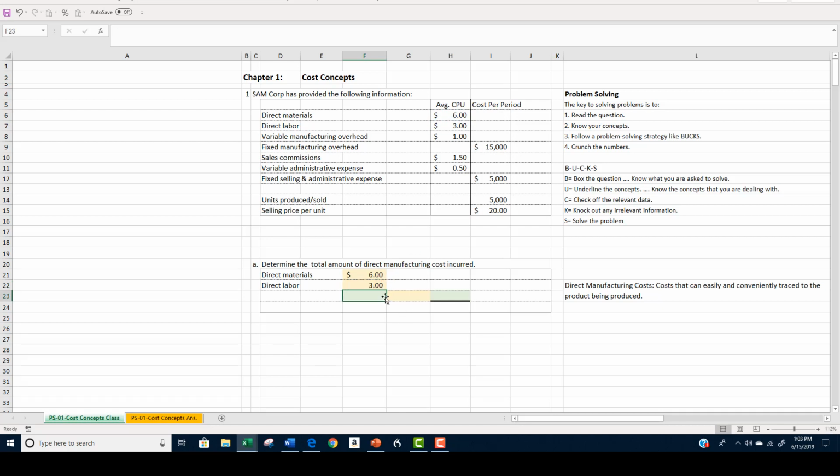Data related to indirect costs and selling price are irrelevant to this problem. We can now solve the problem. Since 5,000 units were produced, we multiply the $9 by 5,000 units to get the total direct manufacturing cost of $45,000.